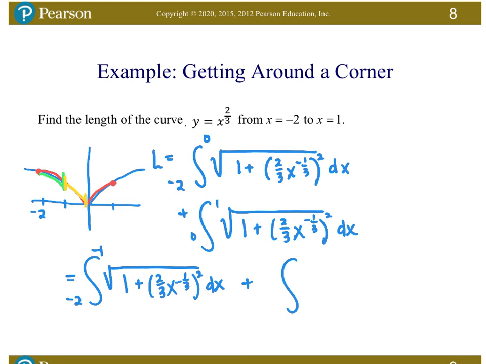So that would go from -1 to 0. And then the final piece, which goes from 0 to 1, by symmetry is the same as the piece you just did previously, so you could double that. So that would be another way you could set it up. It still takes 2 integrals. You just break it up in different pieces or use symmetry to your advantage.